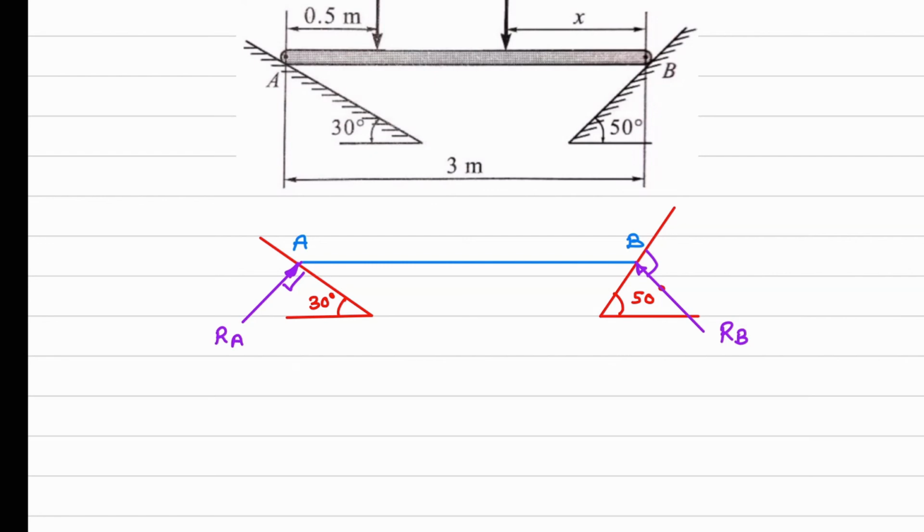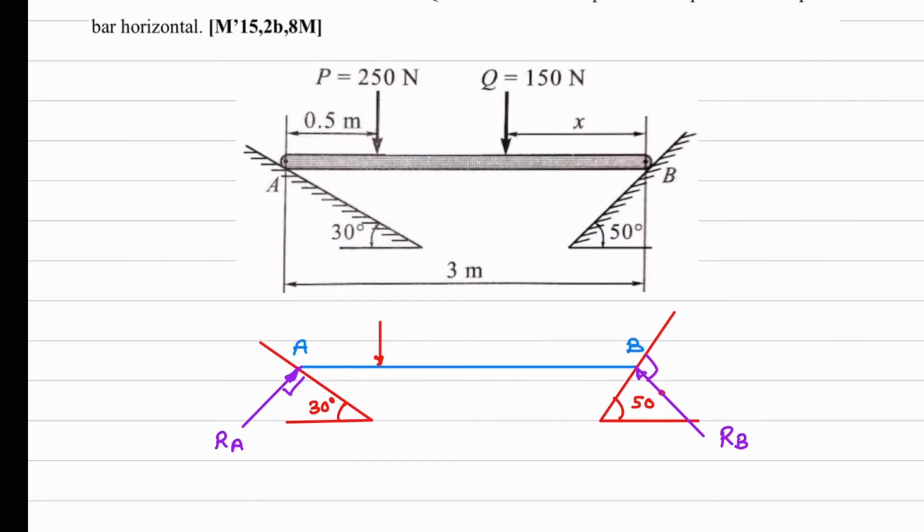Okay, now after that we will show some active forces. This is one force which is acting. What is that force? P equal to 250 Newton, which is at a distance of 0.5 meter from A. So I'll mark the distance. This distance is 0.5 meter. And next, if you see this Q, the magnitude of Q is given in the question, 150 Newton.